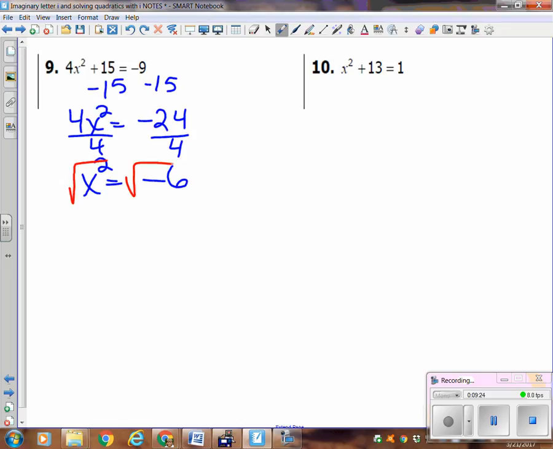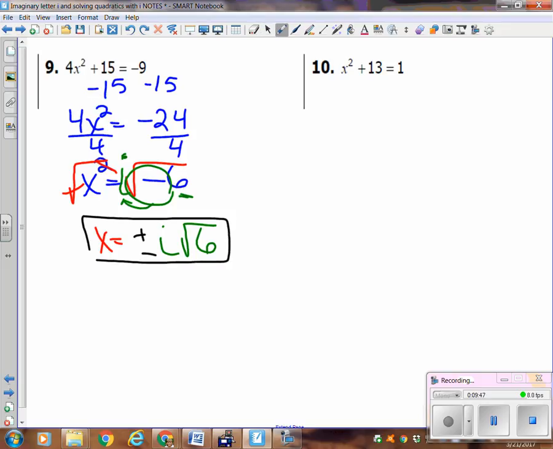If you take the square root of both sides, which is what we're supposed to do, we get x. The only thing I can do is the square root of the negative part comes out as what? An i. Can the 6 come out? No. So it has to be an i on the outside. Under the square root still is the 6. And you can't forget what? Plus or minus, because there's always two possible answers.